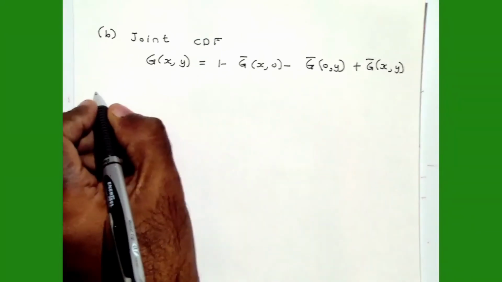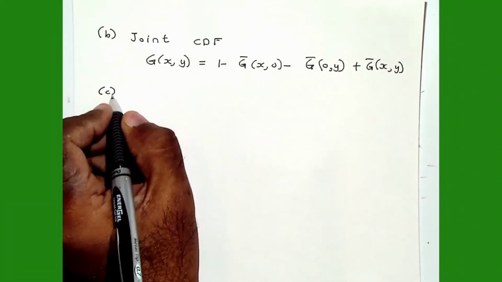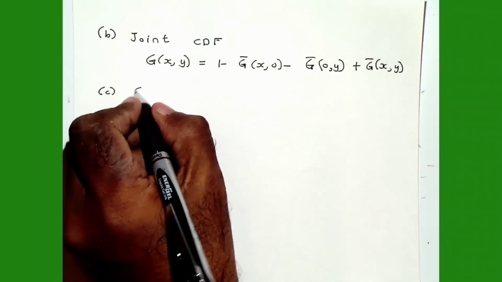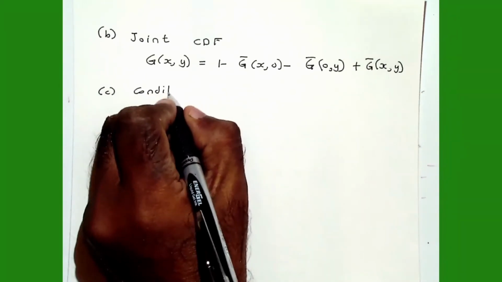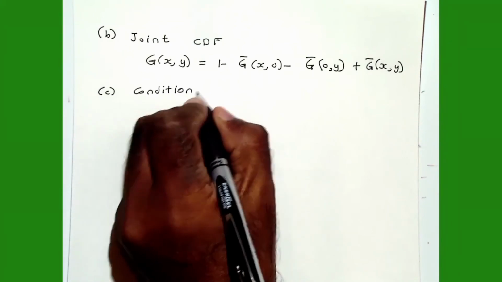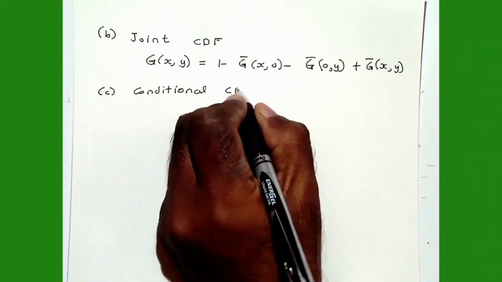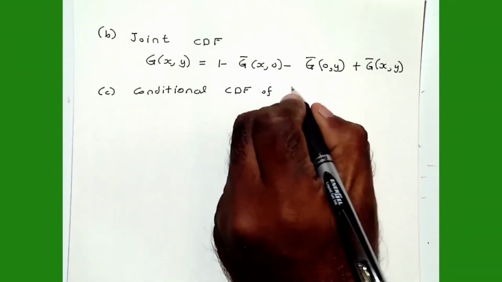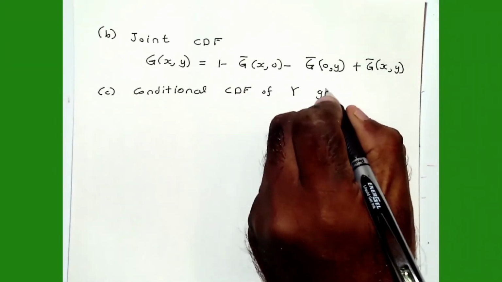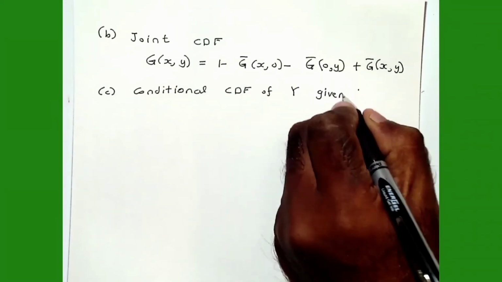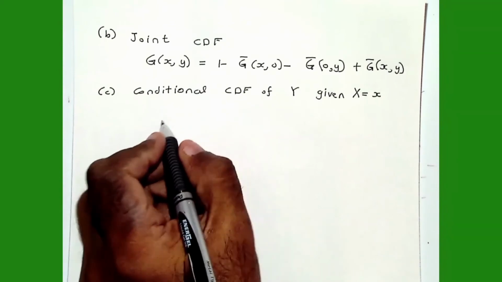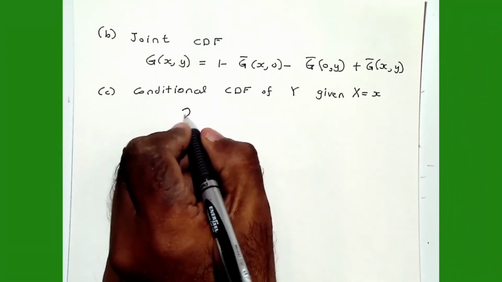So this is part B. To do part C, which is asking you to find the conditional CDF of y given x equal to x, right?